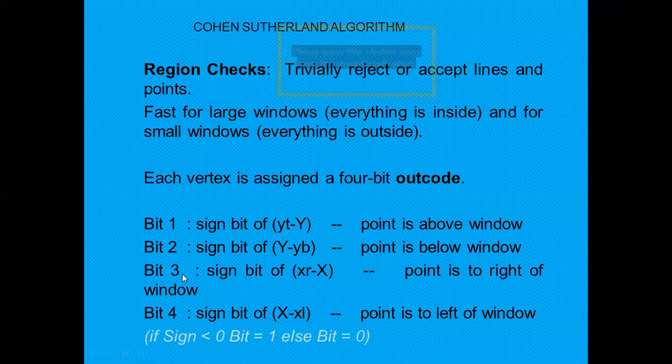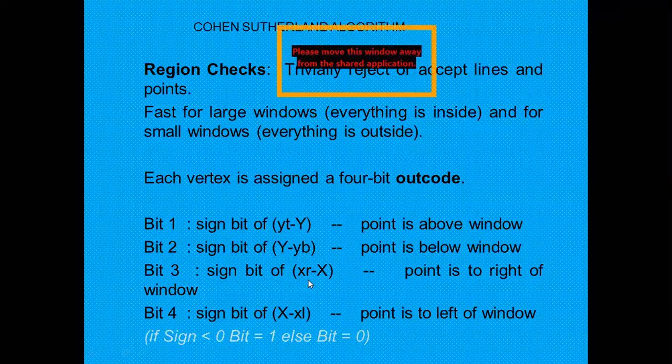Again we will calculate the value of bit 3, the sign bit of xr minus x, where xr is x right, meaning the right coordinate of x, minus the original coordinate which you are going to test or compare. So here we will put the value, and it means bit 3 will indicate the point is to the right.